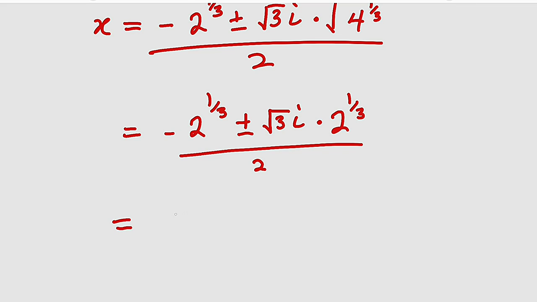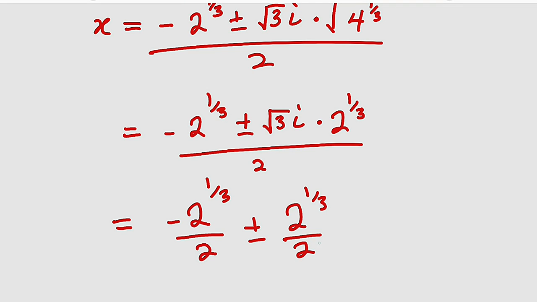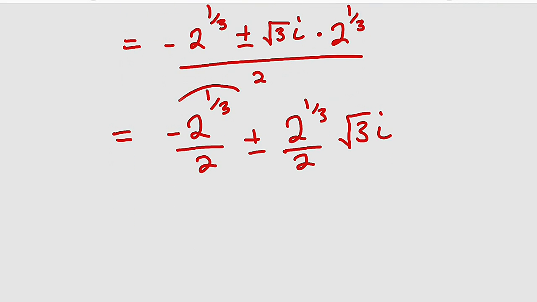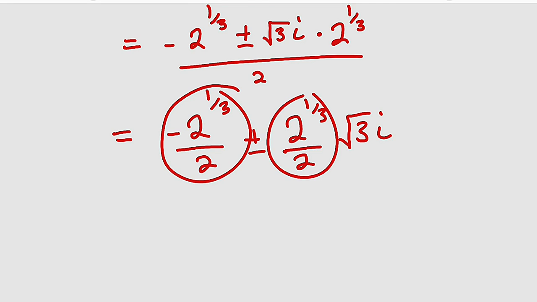So this is now equal to negative 2 raised to the power of 1 over 3, divided by this 2 because I want to split the fraction. Then plus or minus 2 raised to the power of 1 divided by 3, divided by that same 2, multiplied by square root of 3i. So all we need to simplify are these, and we're good to go.